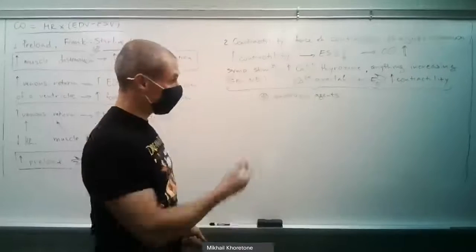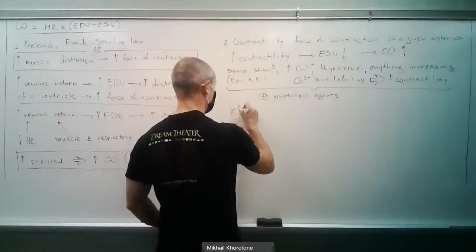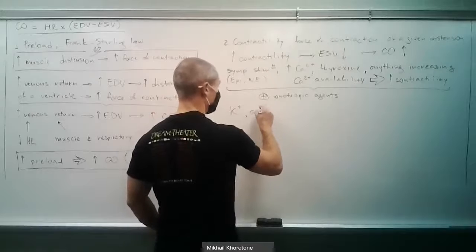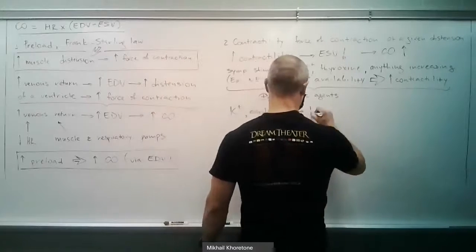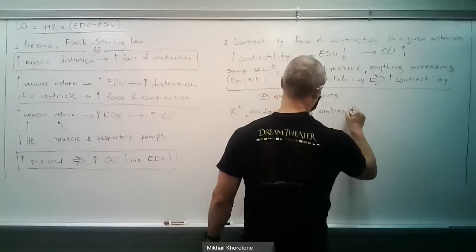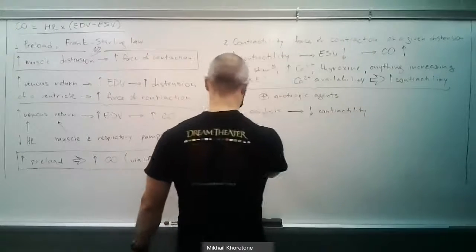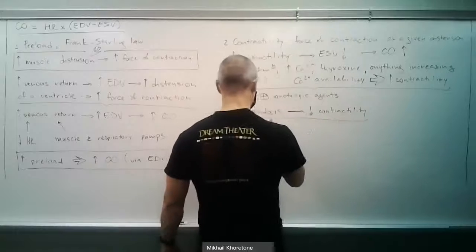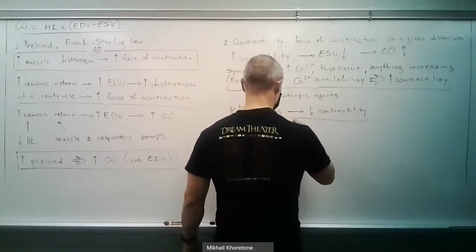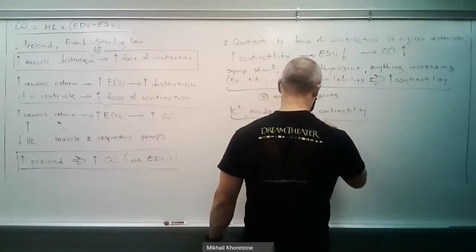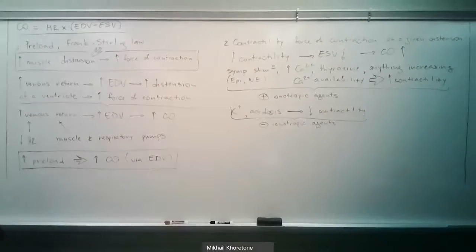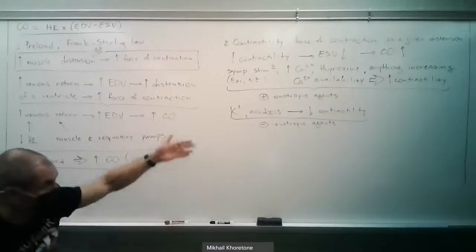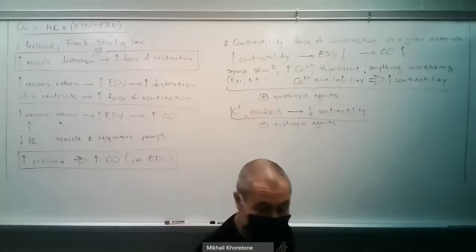Now, what decreases contractility? Elevated potassium ions, acidosis. This is called negative inotropic agents. Does that make sense? And obviously, if you have decreased contractility, decreased cardiac output.